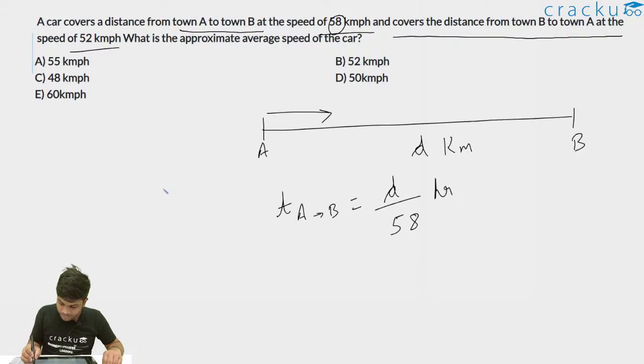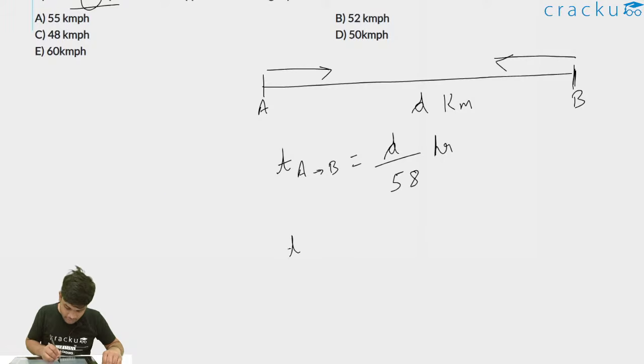Now similarly, when the car is returning from town B towards town A, the speed is 52 km per hour. When we calculate the time taken from B to A, the distance will remain the same because A and B is a straight line.